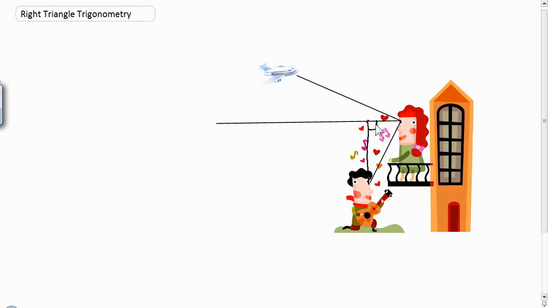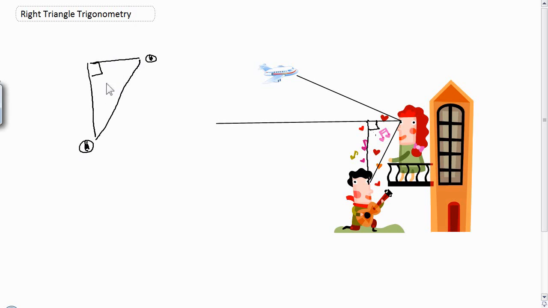This would be a right triangle. So I'm going to recreate that over here. Here's my right triangle. It goes out to her eye. Then we connect to his eye down here.